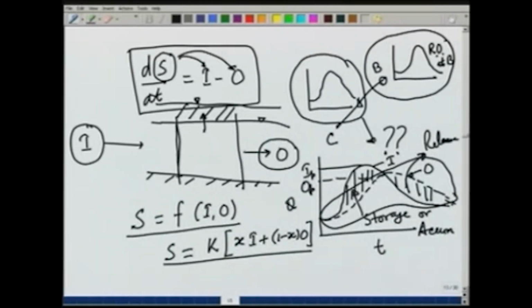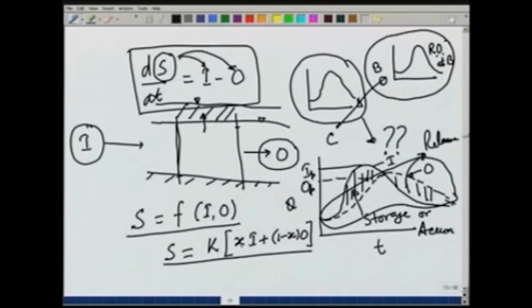Similarly, the amount of flow going out will decide what is the water level at this point. So, the storage typically will be a function of both the inflow and the outflow. The factor x can be taken as 0.5, that means we are giving equal weight to inflow and outflow. If we take the factor x as 0, then we get a linear reservoir as in Nash model, which tells S equal to k into outflow.